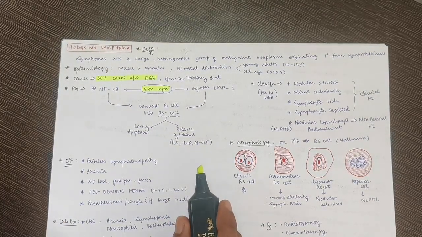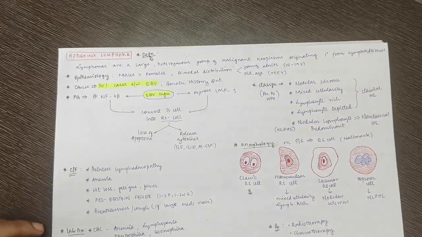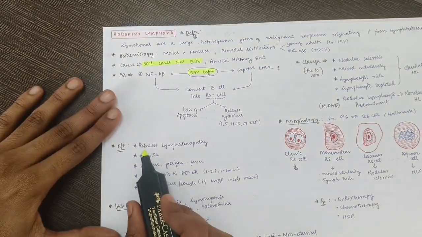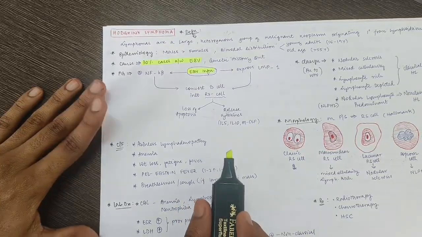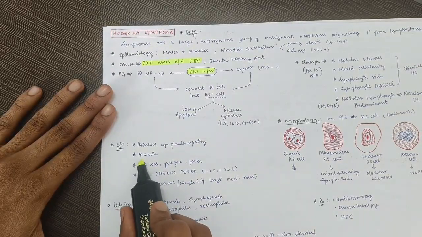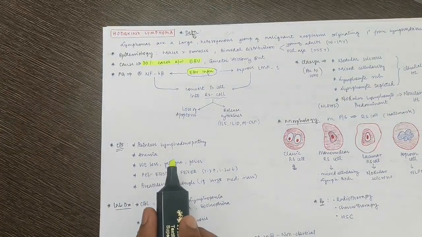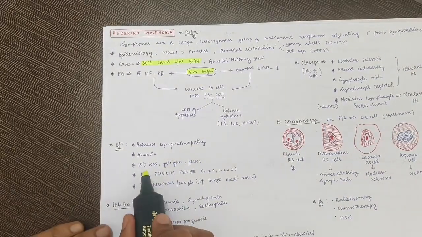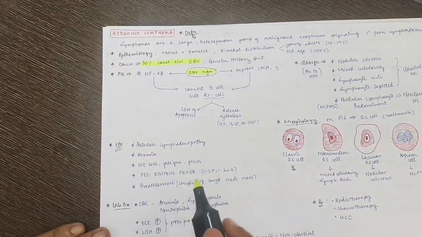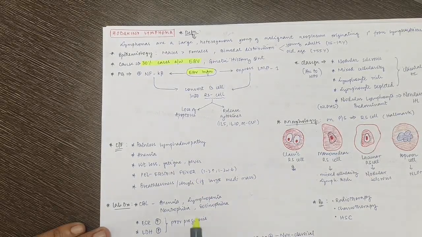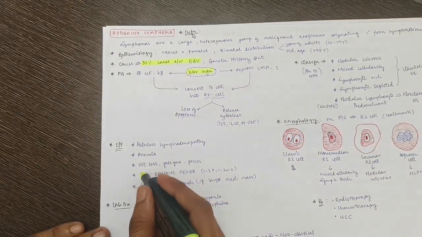So what are the clinical features you are going to see here? Clinical features are mainly painless lymphadenopathy. Most commonly it is unilateral and cervical, in the neck you are going to see. Then there is anemia, like pallor. Weight loss, fatigue, fever. These are the constitutional symptoms. There is a specific pattern of fever in Hodgkin's lymphoma, called Pel-Ebstein fever.